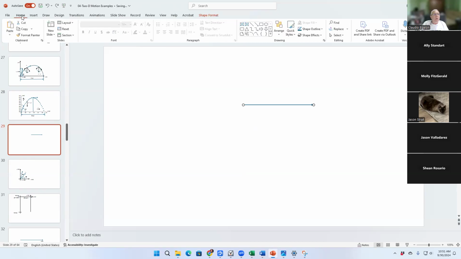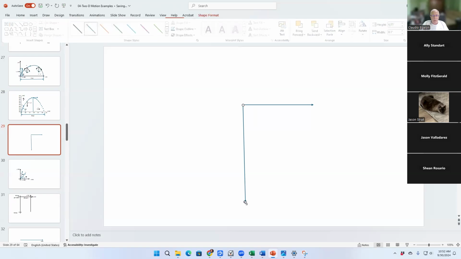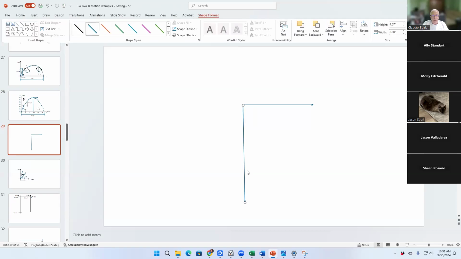The other one is 145. I'm going to make it a little bit larger. The resulting final vector is this one right in here. I'm doing the parallelogram method.